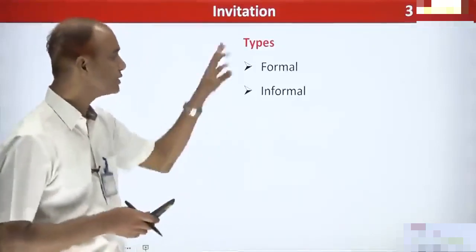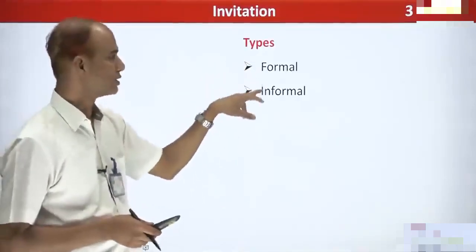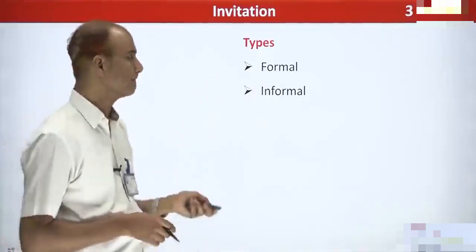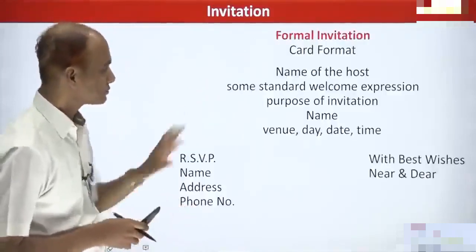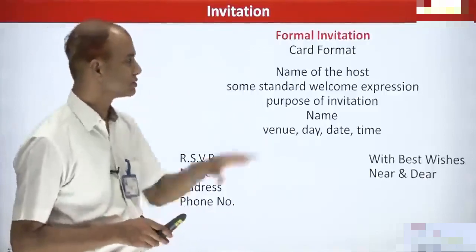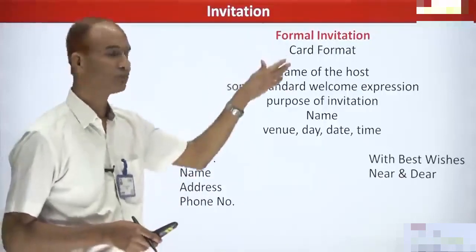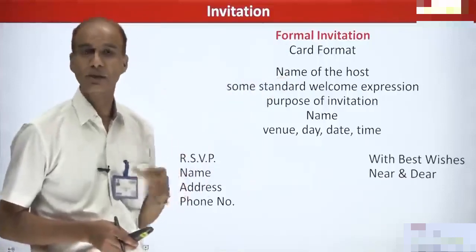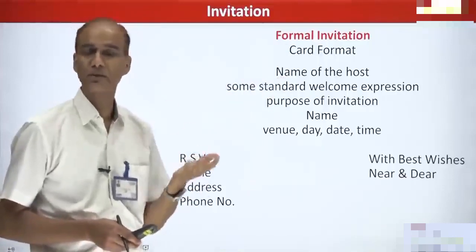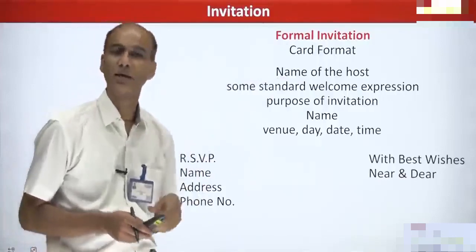So invitations are of 2 types, formal and informal. Now, what is a formal invitation? As you can see here, formal invitations can be in 2 ways, one card format and the other letter format. Card format is the one that we have at our houses.